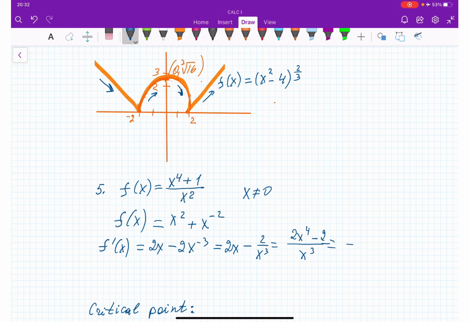And if I take 2 out, I will have x to the 4 minus 1, which is going to be x squared plus 1 and x squared minus 1. And x squared minus 1, I'm breaking down into x plus 1, x minus 1, over x cubed.